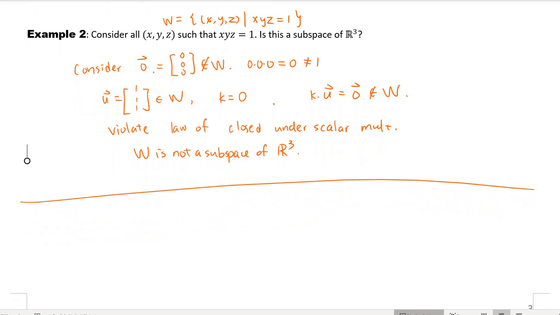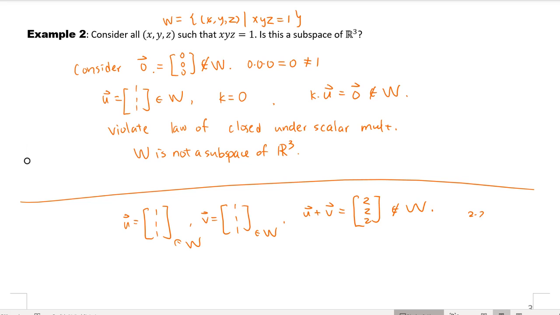If you want to show another counterexample, yes, you can do it. You can consider U is 1, 1, 1 and V is also 1, 1, 1. Then you can see U plus V is 2, 2, 2. So 1, 1, 1 is in W, right? But 2, 2, 2 is not in W because 2 times 2 times 2 is 8, which is not 1. So that's why you can see it also violates the law of closure under addition.